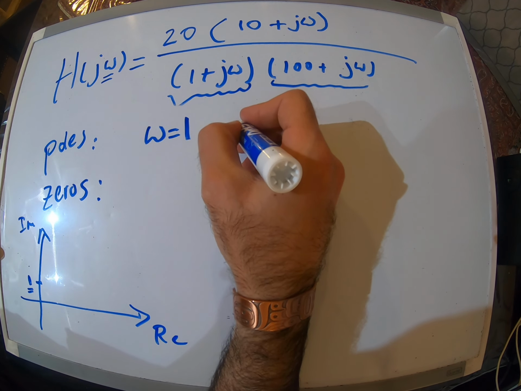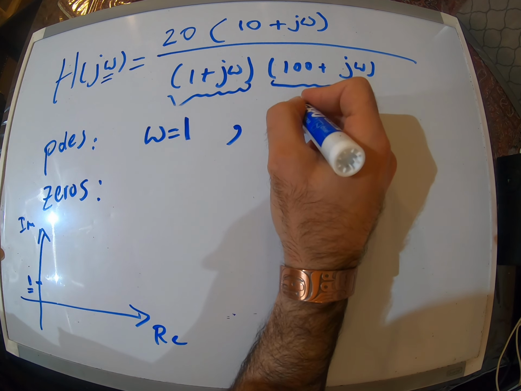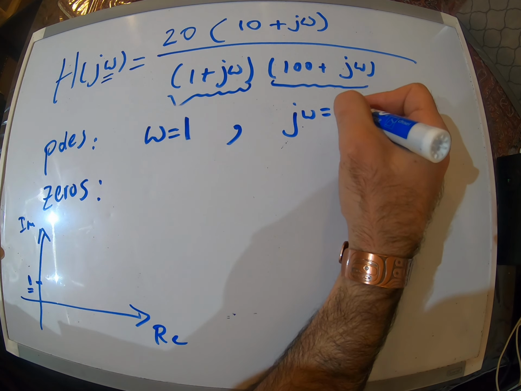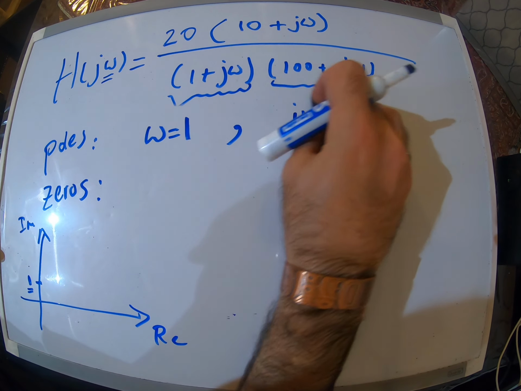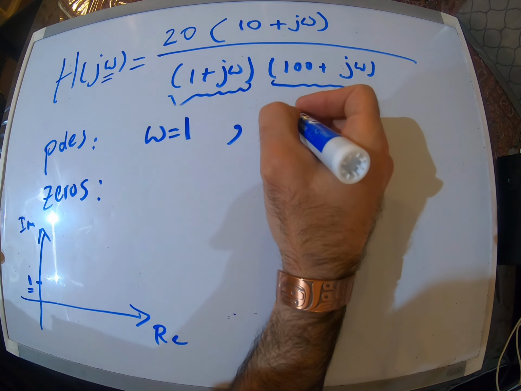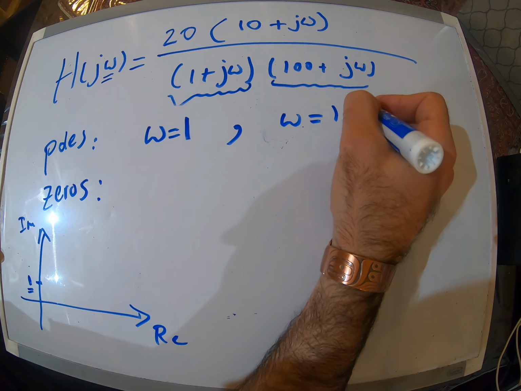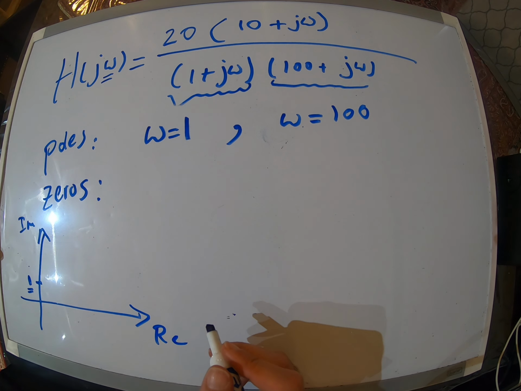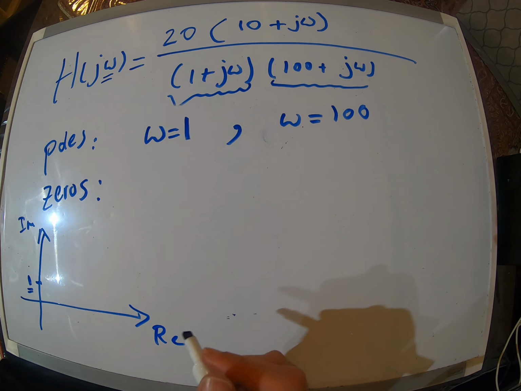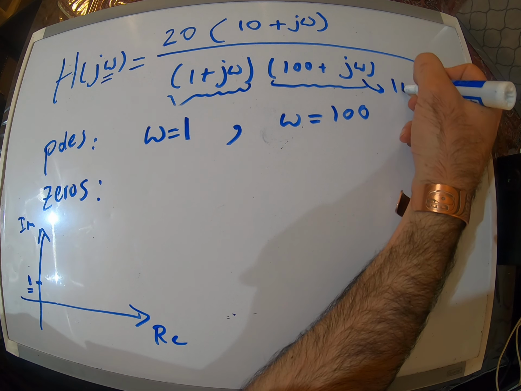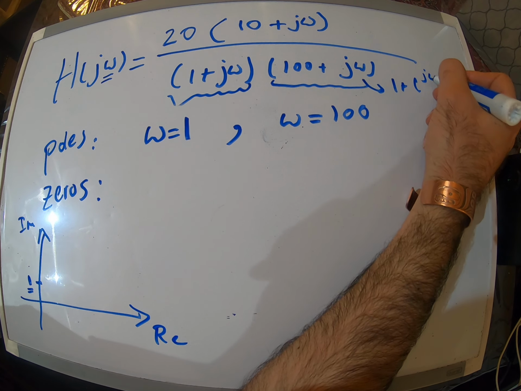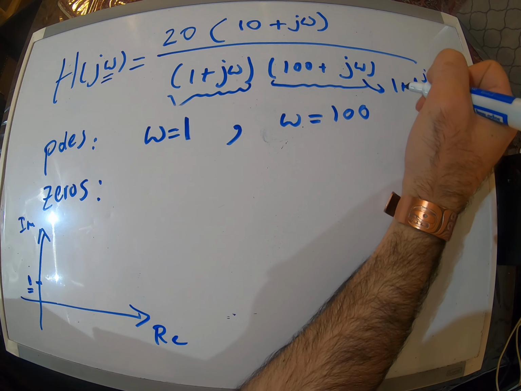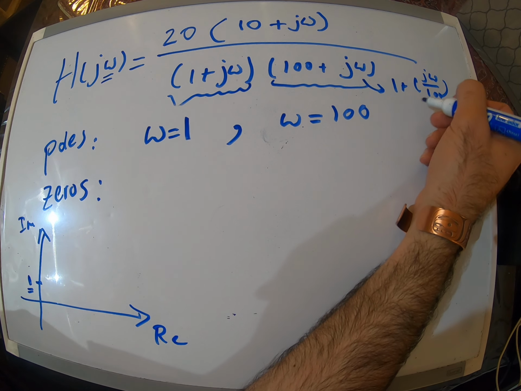The next one is going to be j omega equal to -100. And again, if you basically ignore the j, you realize that this is going to be at omega equal to 100. Some people write this like 1 plus j omega over 100, so it's going to be the same thing.